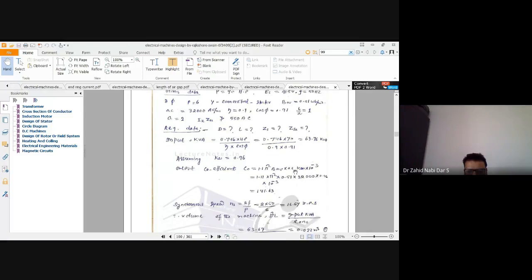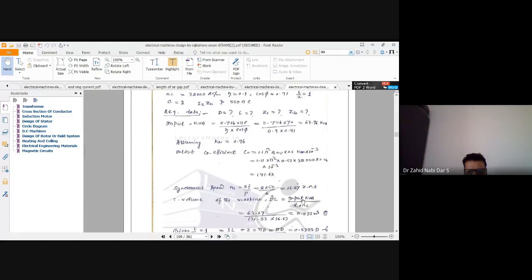We get the value of the output coefficient. Now the synchronous speed ns happens to be 2f by p. Frequency is 50 hertz, p is the number of poles, given 6, so it happens to be 16.67 rps. Now the volume of the machine would be D square L is equal to input kVA by the constant, which we have seen.